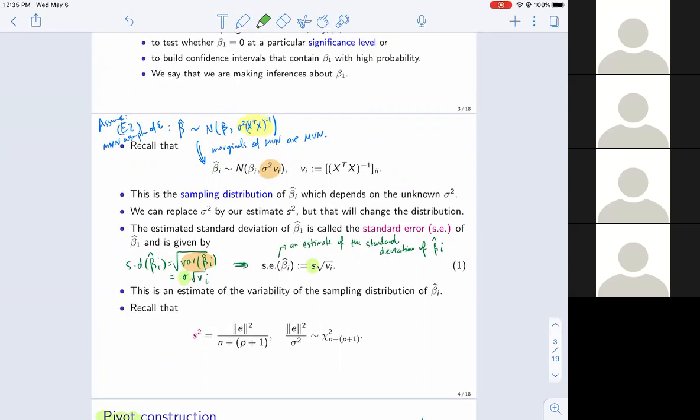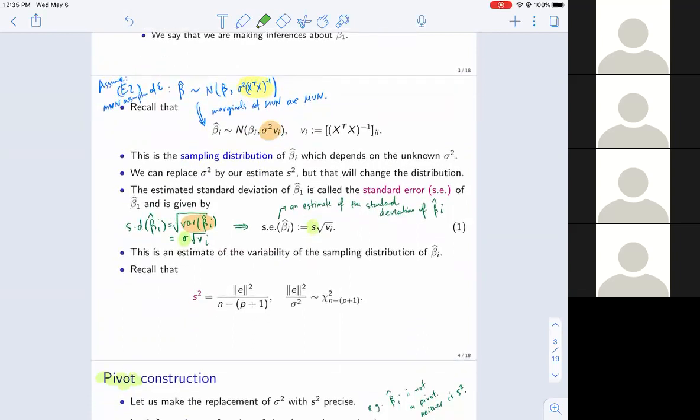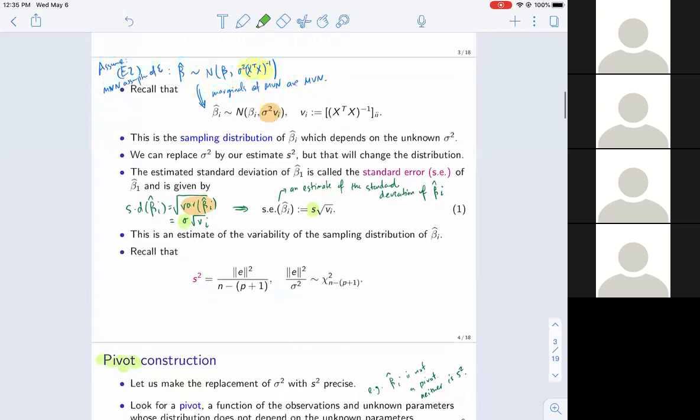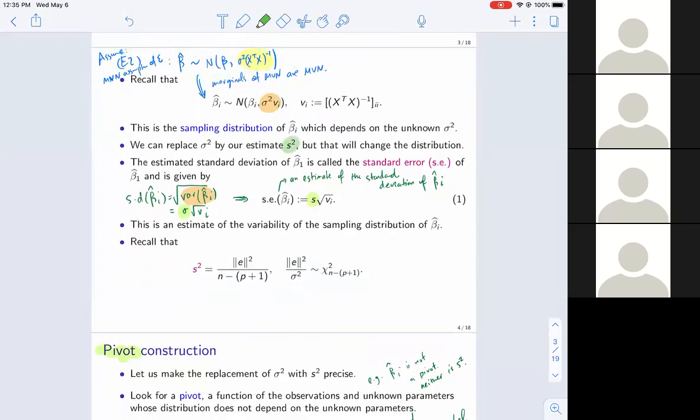I've called this V_i, and we saw that this variance depends on the noise variance sigma squared, which we don't know. So if I ask you what is the variance of beta hat i, if you don't know sigma, just leave it as sigma squared V_i. If you replace sigma squared with s squared, our unbiased estimator, you get an estimate of the variance, not the variance itself.